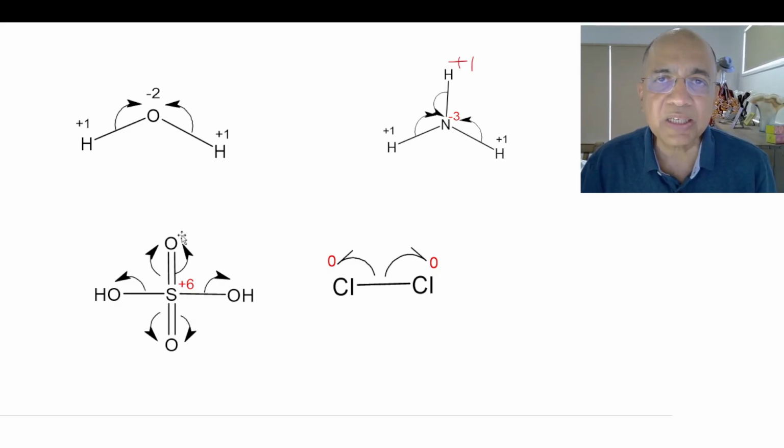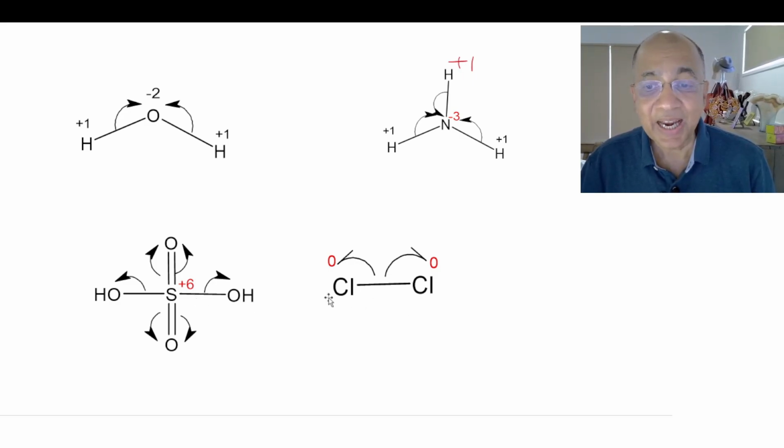Since oxygen is more electronegative than sulfur, all the bond pairs of electrons will be transferred towards oxygen, away from sulfur. So sulfur will lose 2 electrons on the upper side, it's a double bond, 2 electrons on the lower side, it's a double bond, and 1 electron each on the left and right side. So altogether it will lose 6 electrons. So the hypothetical charge, or the oxidation number, is +6.